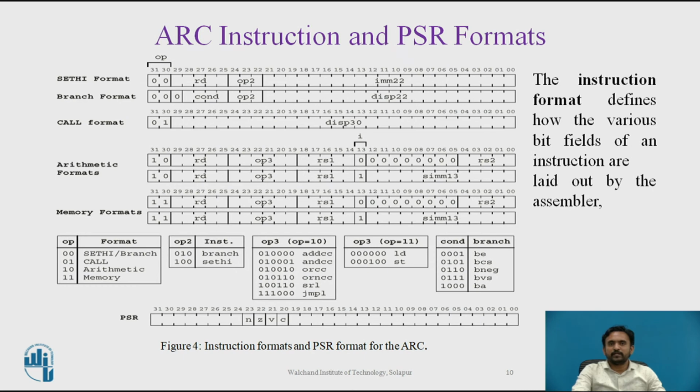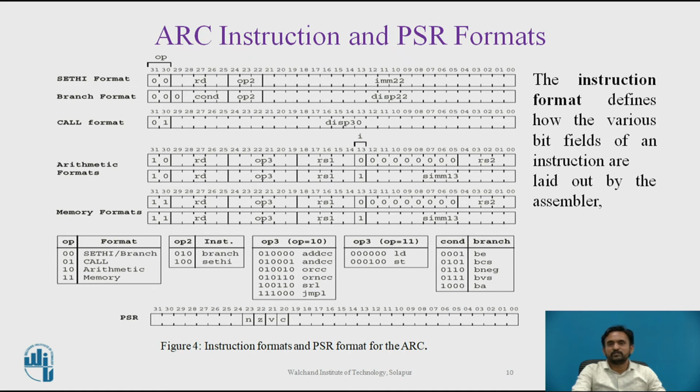The leftmost 2 bits of each instruction form an opcode field OP, which identifies the format. The set high and branch formats both contain 00 in the OP field, so they can be considered together as a set high and branch format. The actual set high or branch format is determined by the bit pattern of the second opcode field.